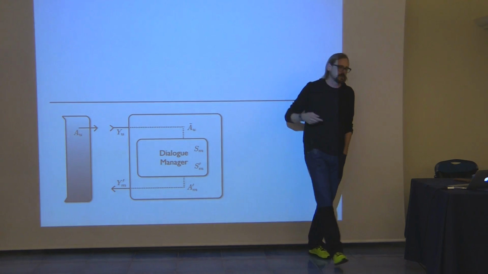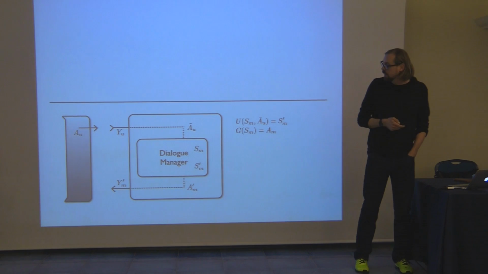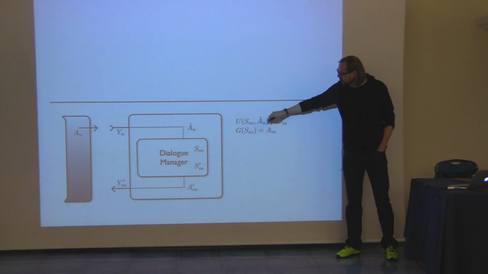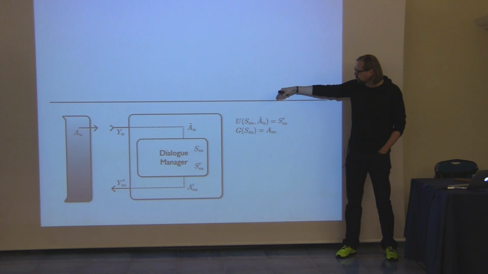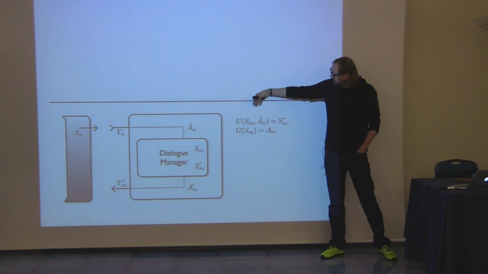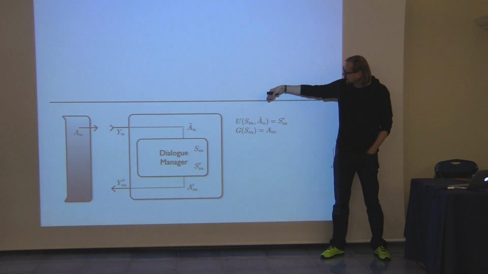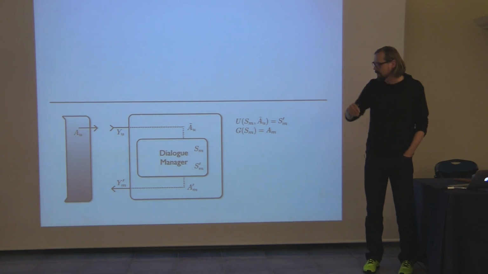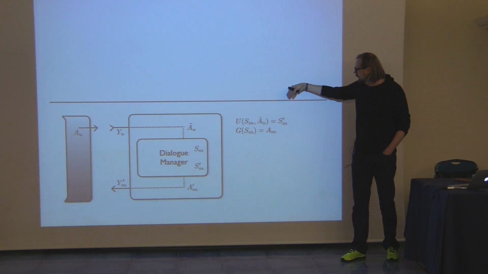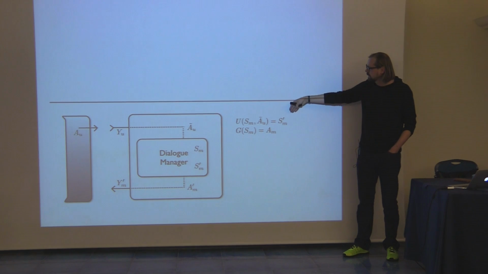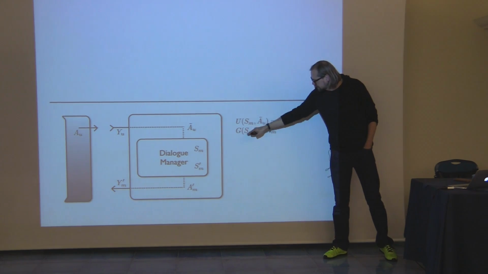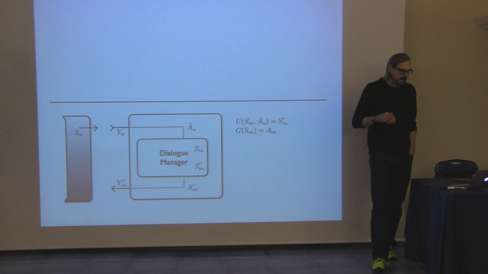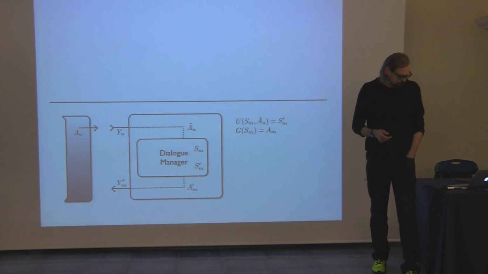We're transitioning from one state to the next. If we want to formalize this, the job of a dialogue manager is to compute this update function. Based on the current state we are in and our approximation of the user intention, we compute an update of our own state. And based on the now updated state, we compute the best action to take.